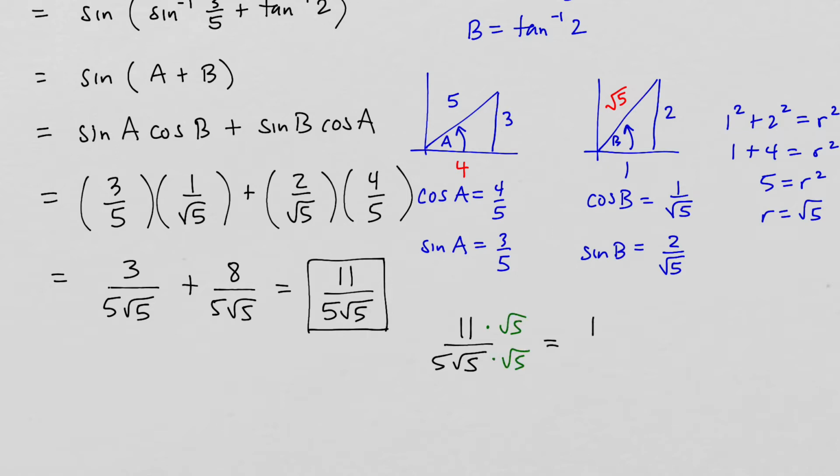This would give you the answer 11 radical 5 over 5 times radical 25, which is 11 radical 5 over 25. This is because the square root of 25 is 5, multiplied by 5 is 25. And so this is an alternative answer, which is equivalent.